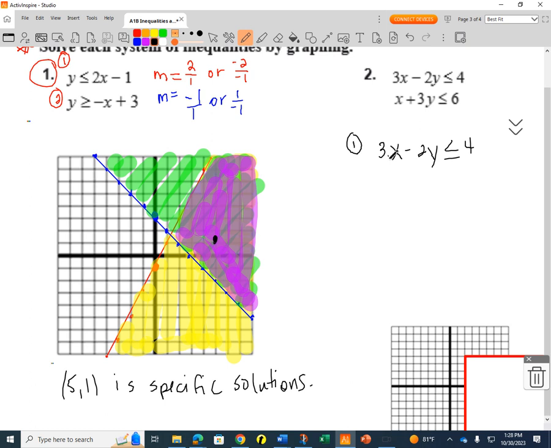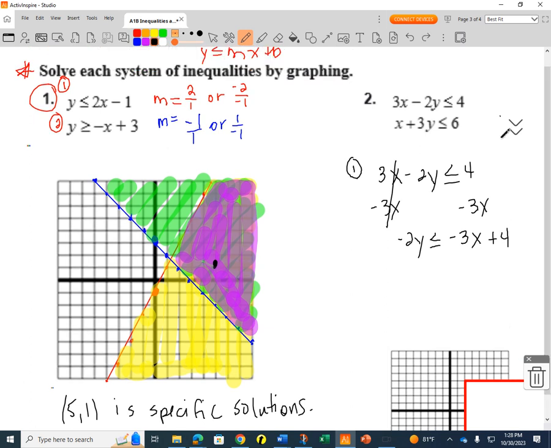This is a positive 3x, so we're going to subtract 3x. Not just 3, not just x, but the 3x. So that leaves us with negative 2 times y is less than or equal to negative 3x plus 4. And we want this in slope-intercept form.